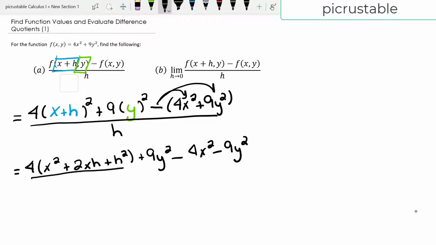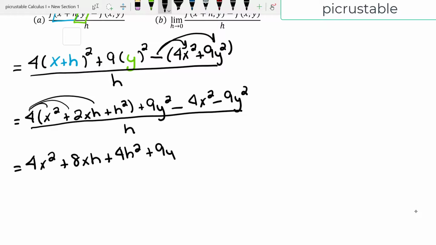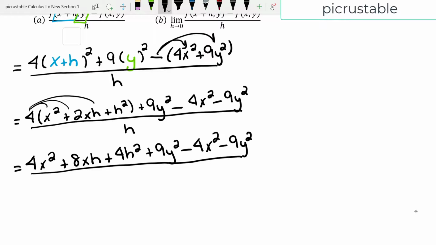And of course, it's still all over h. I'm going to distribute my 4 here, and we will have 4x squared plus 8xh plus 4h squared, but the rest of it's going to stay the same. Plus 9y squared minus 4x squared minus 9y squared, all over h.